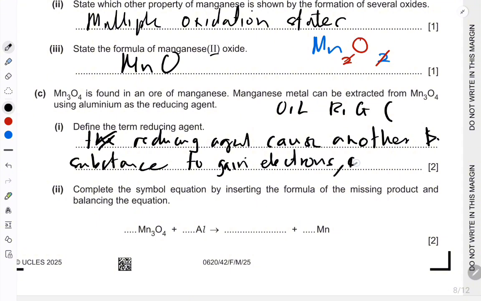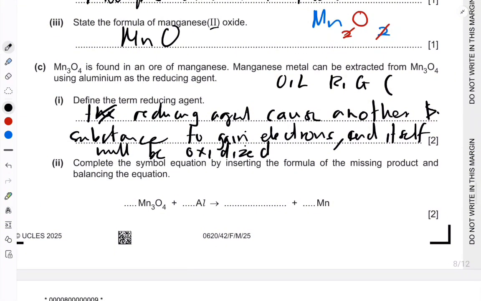Itself will be oxidized. Do you follow this idea? Since it is causing another substance to gain, it is donating the electrons to the other substance. So it itself is going to lose. So therefore it will be oxidized.